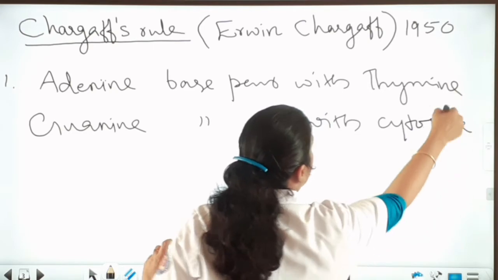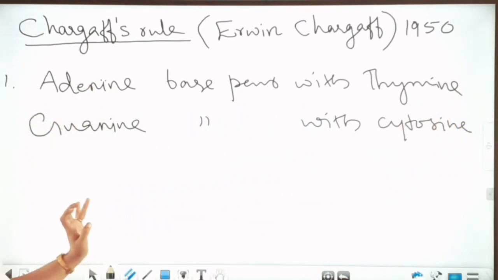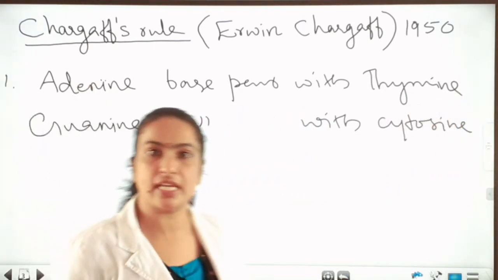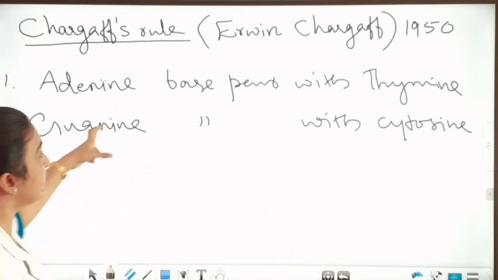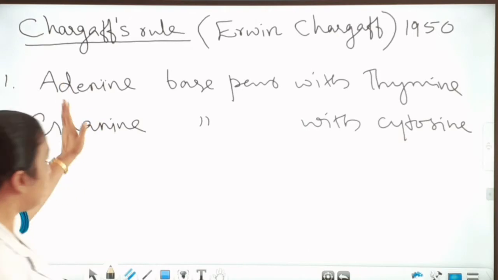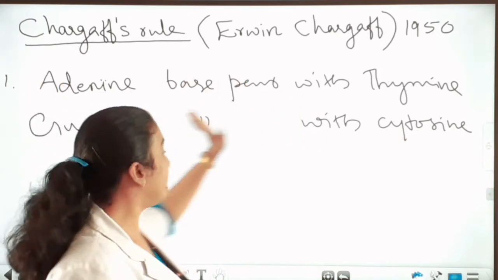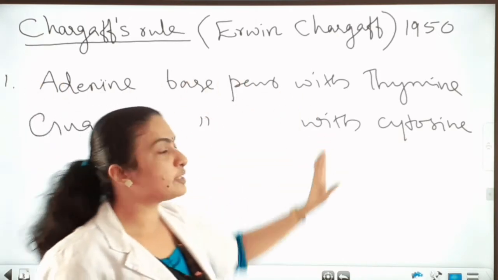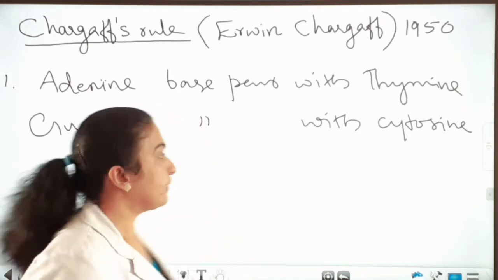So these two are pyrimidines and these two are purines. So these are the nitrogen bases, purines and pyrimidines. So these two purines are base pairing with these two pyrimidines. Okay. So adenine is always base paired with thymine and guanine is always base paired with cytosine.